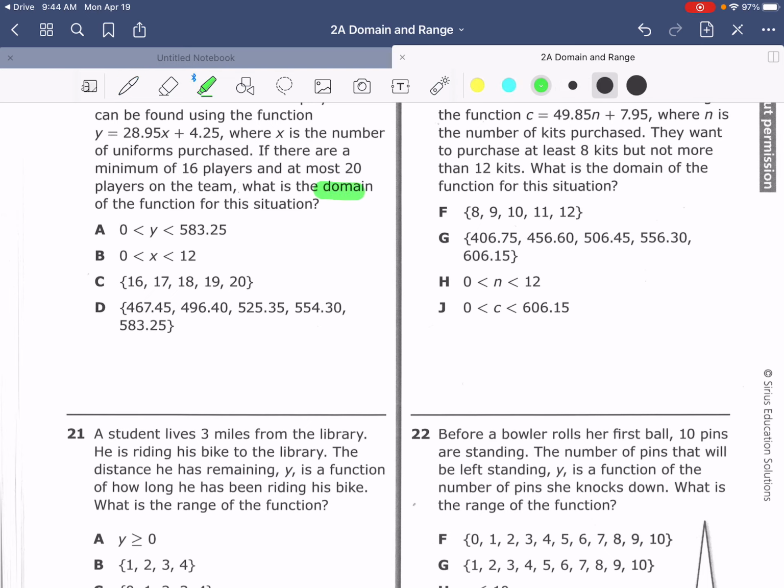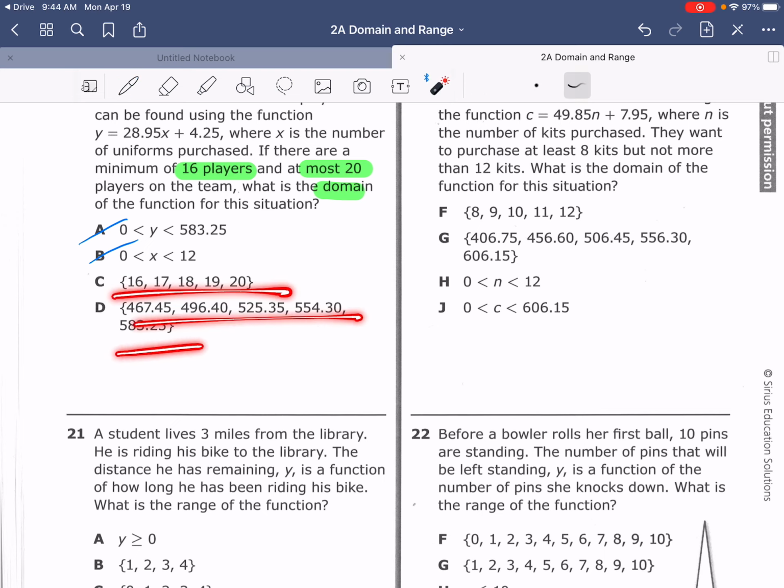X is the number of uniforms purchased, for a minimum of 16 players, at most 20. So think to yourself, is it discrete or continuous? Can you have 16.5 players? Definitely we cannot. So it's going to be discrete. So we can get rid of this 2. Your answer is going to be either this or this.